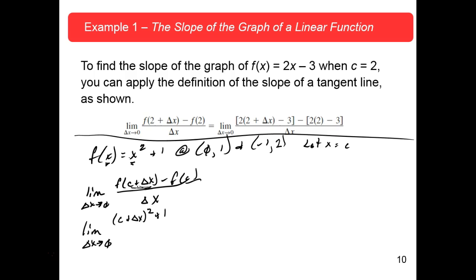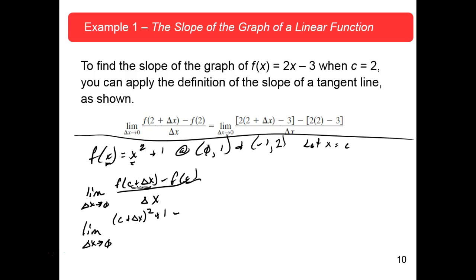Okay, now let's do the same thing for the second part, only here we're going to plug in c. So let's do c. What happens if you plug a c in where you have x here? Instead of x here, you plug in a c.